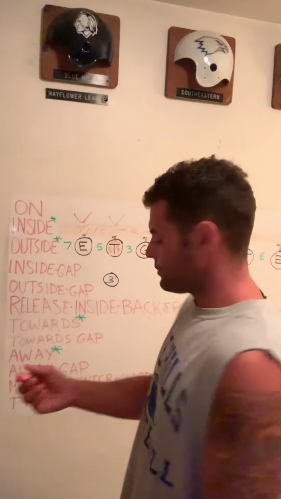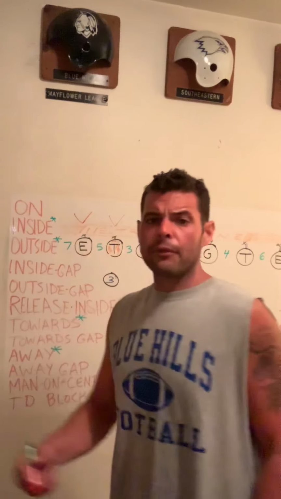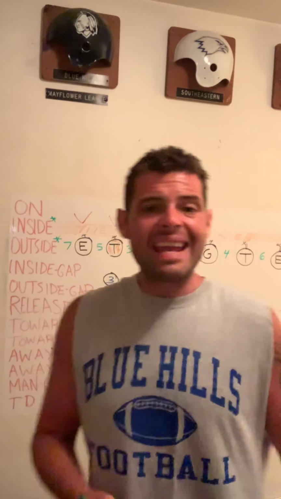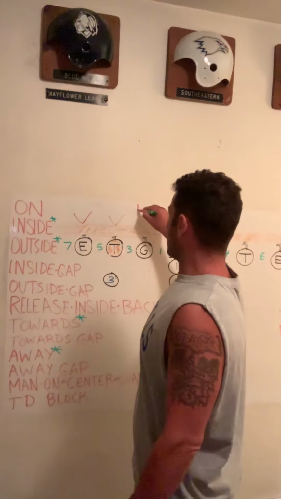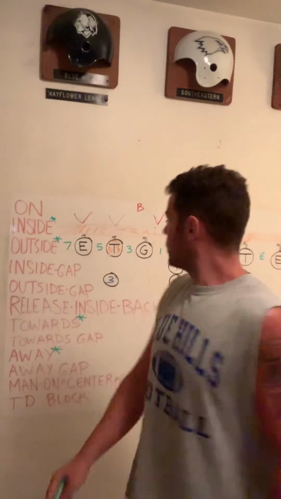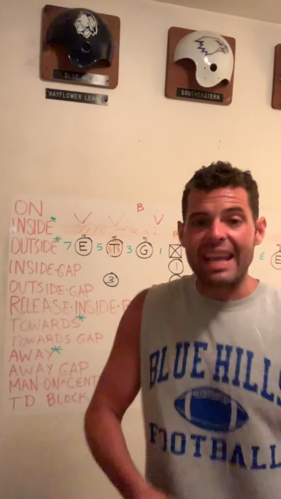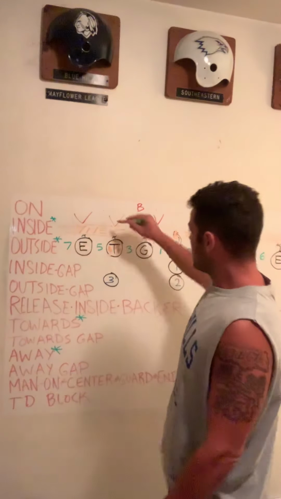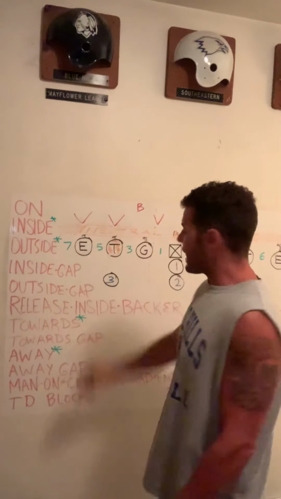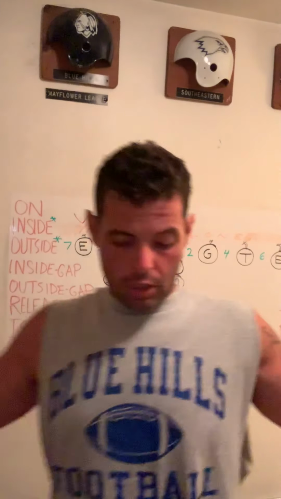For example, an assignment for a left tackle might be inside, backer. So we probably have a linebacker there. So the rule is inside backer. We have a man on the tackle. On the rule, it does not say on. It says inside, backer.